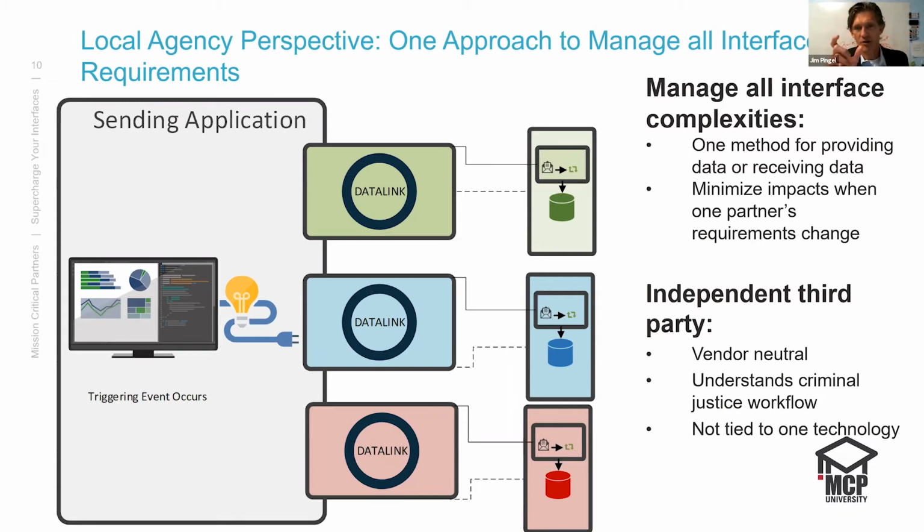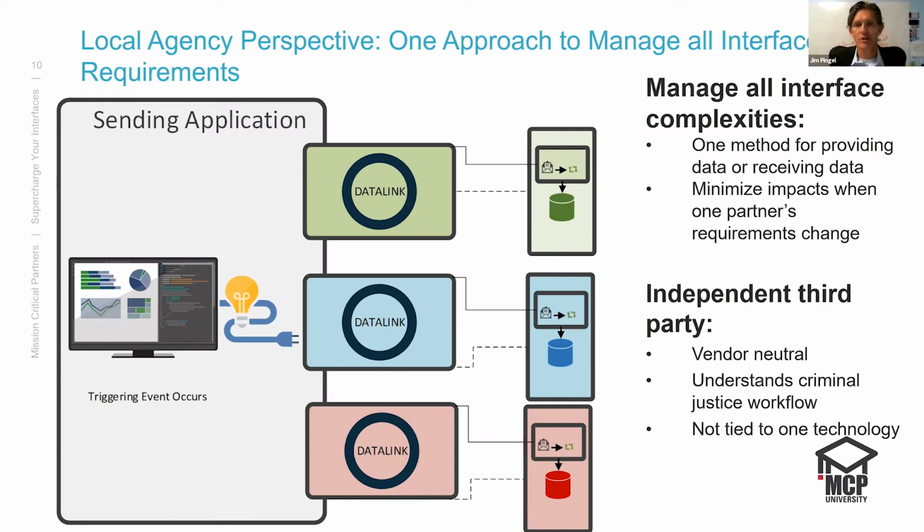That can be one interface component. Another could be a law enforcement system sending its crime statistics to a NIBRS, a crime statistics repository at the state. Another specific purpose-built interface. We call those interface components data link.